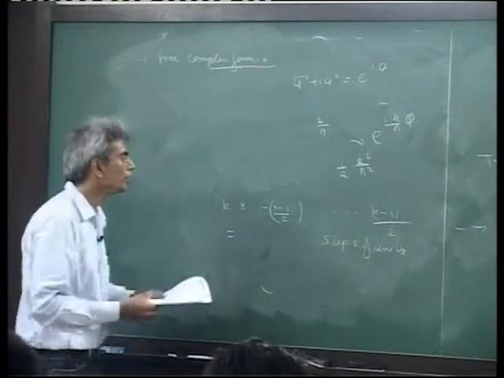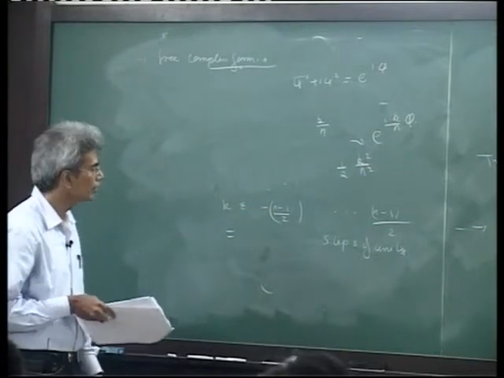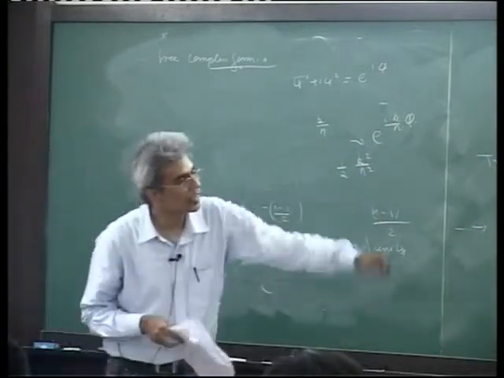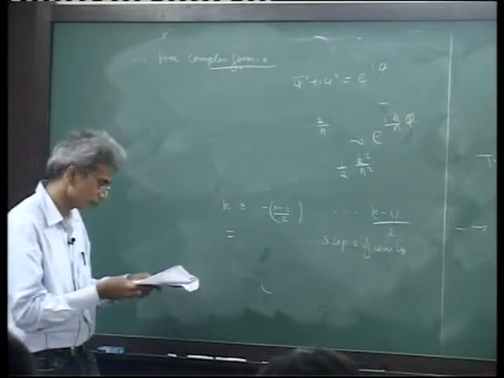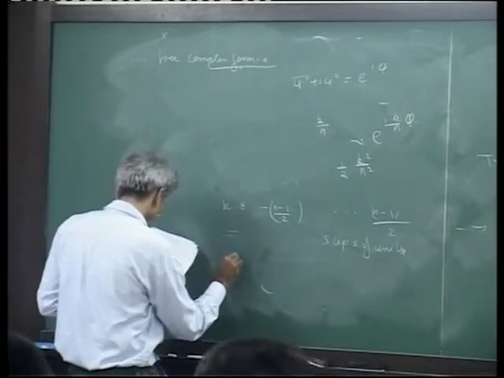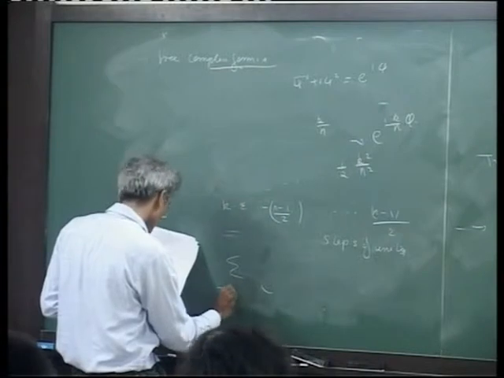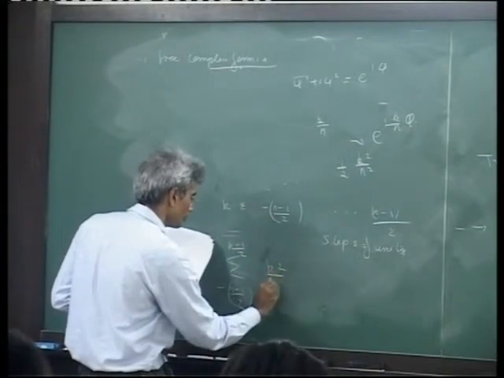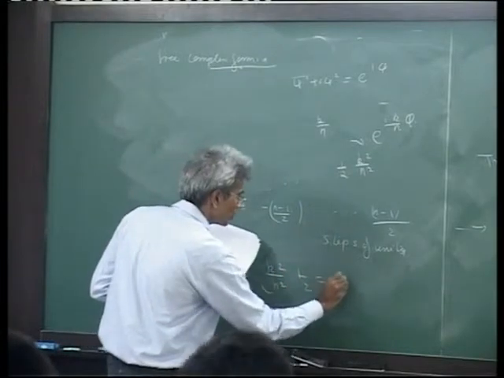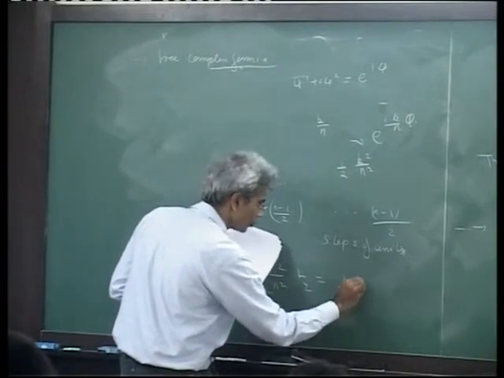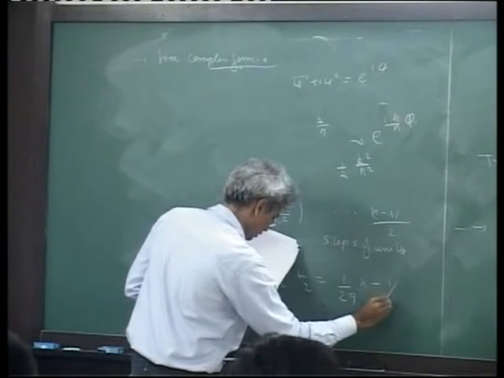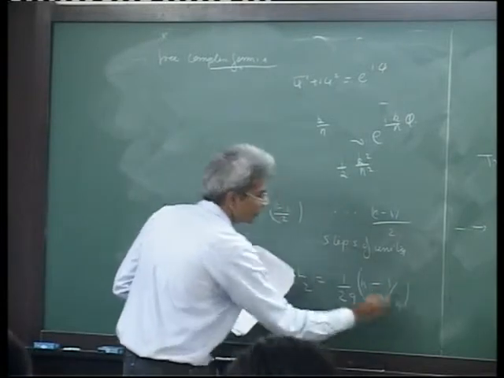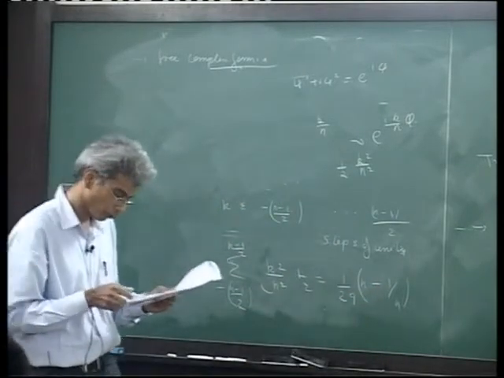If n is even, for instance, it's running over half integers. So the eigenvalues with that minus sign run from this. And if you sum over, you have to do it carefully, you can do this sum. It gives 1 by 24, times 2n by n, which is the expected answer.